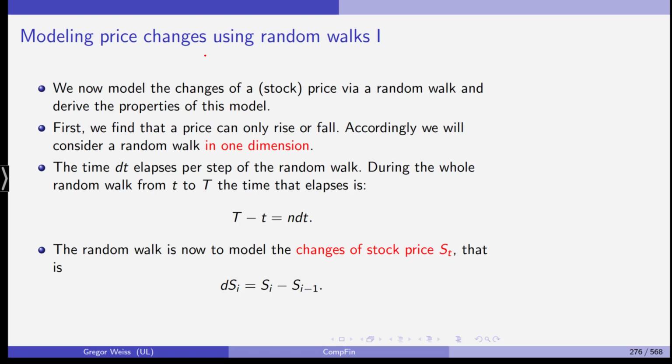The random walk models the changes in the stock price, that is the change dSi in the ith step, and this is defined as the difference between Si, the stock price right now, minus the stock price one period before that. Okay.